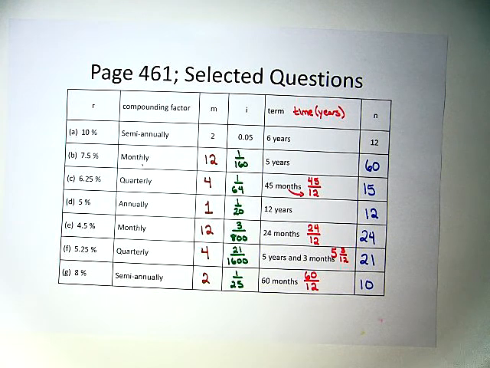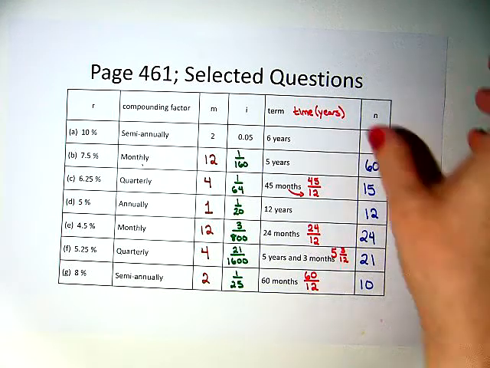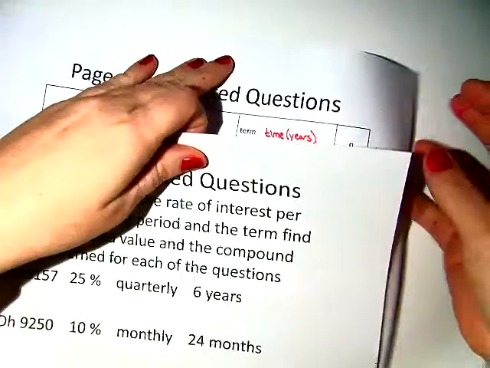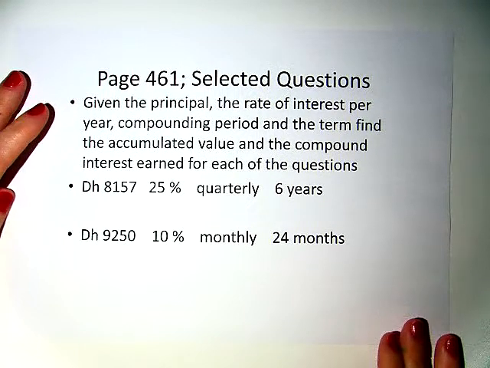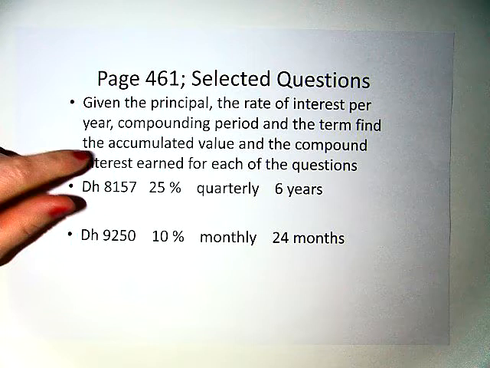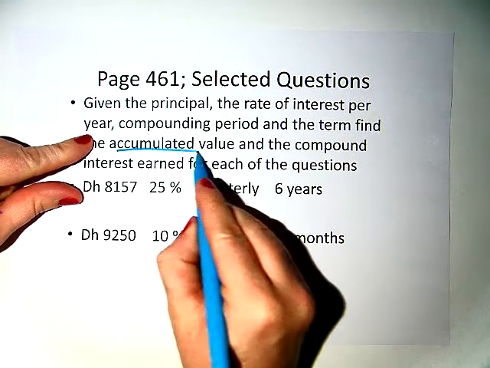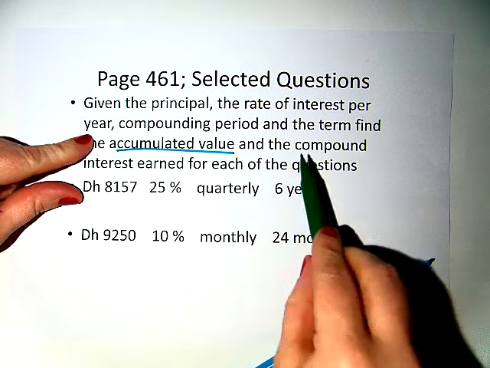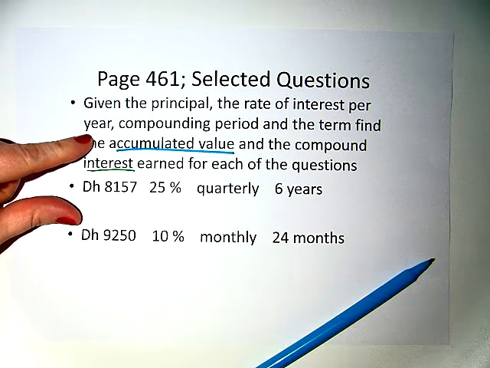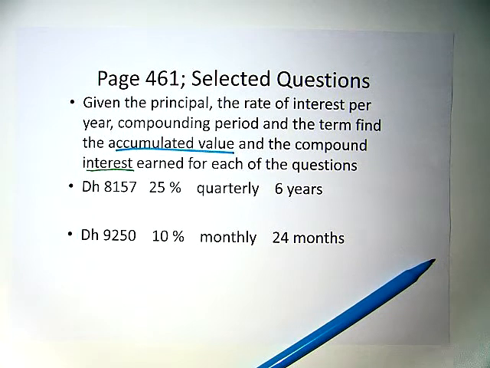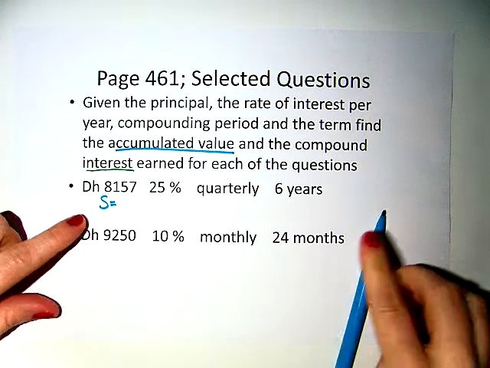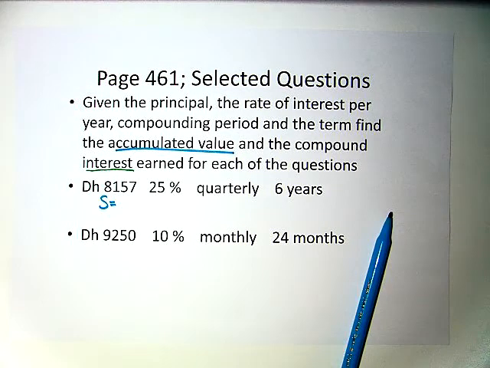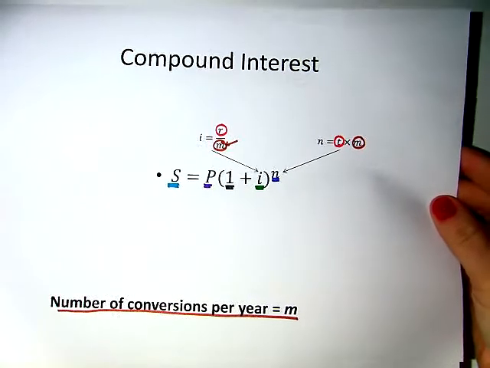The next questions we're going to look at are some more selected questions. So this one is, given the principal, the rate of interest per year, compounding period, and the term, find the accumulated value and the compound interest for each of the questions. So they're looking for S, and then when we get S, we have to subtract S and P to get our I. So S equals, and to find compound interest, we're going to be using the formula here.